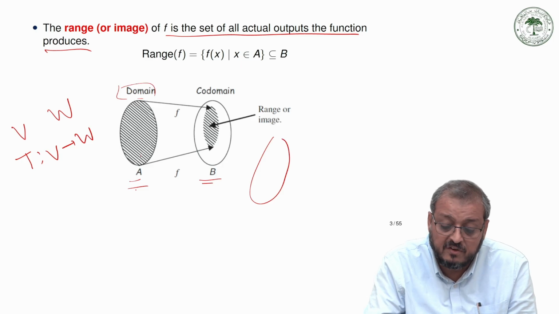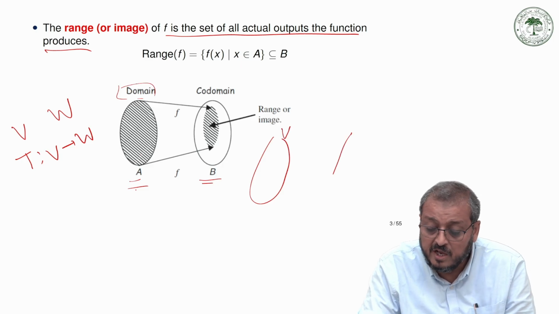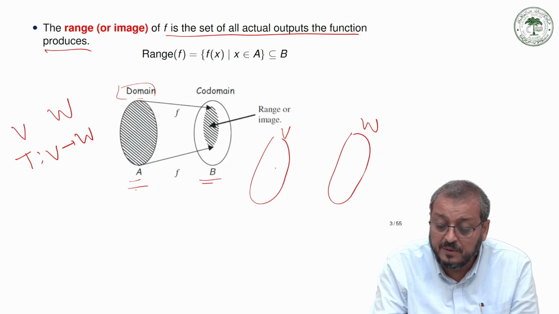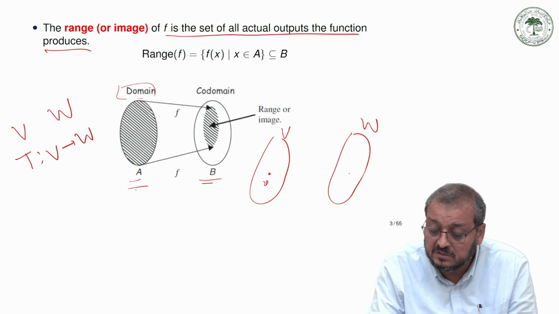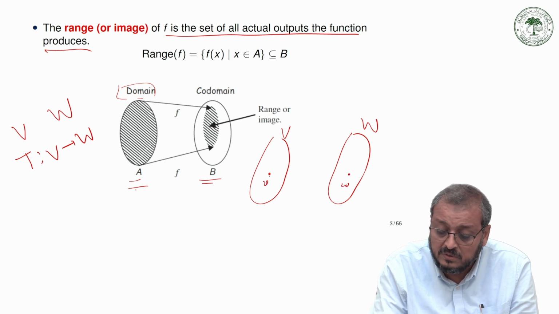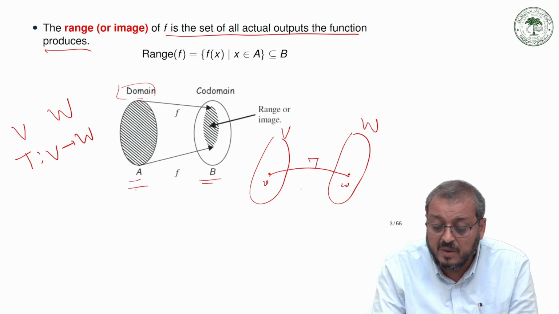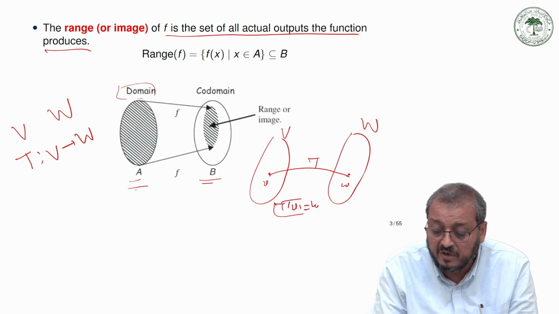In place of set A we take the vector space V, and in place of set B we take the vector space W, and T maps V to W, so T of V is equal to W.